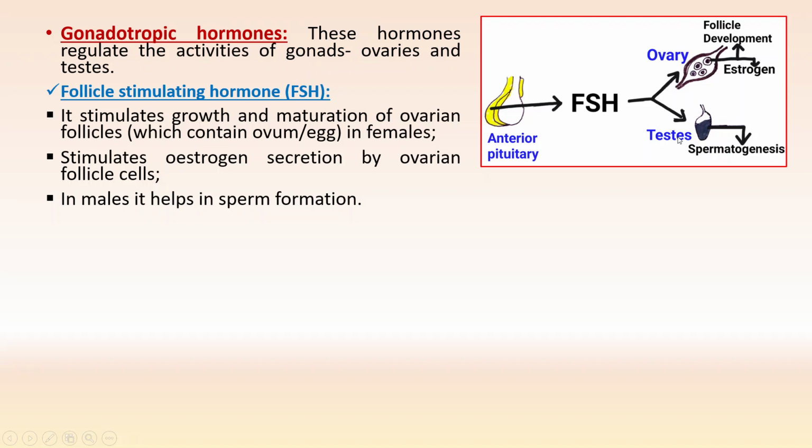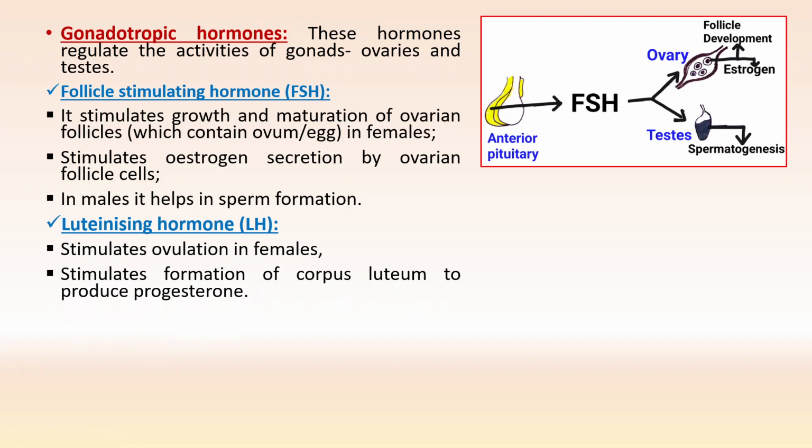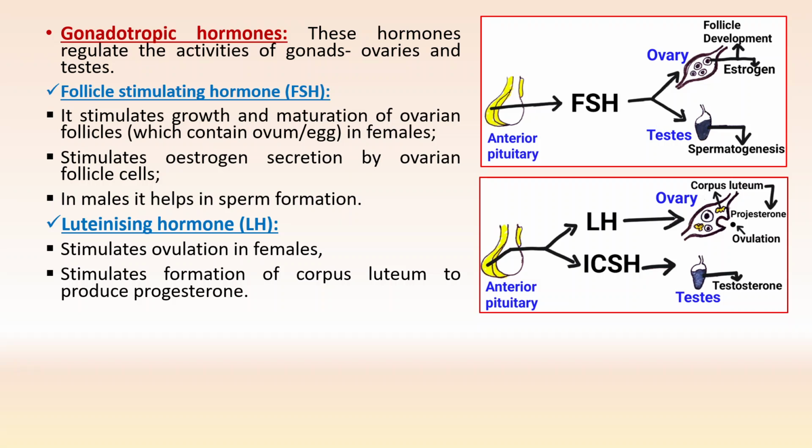The second hormone is luteinizing hormone, which acts on the ovary and causes ovulation. When a mature ovarian follicle or Graafian follicle ruptures and ejects its ovum into the uterine tube, that process is known as ovulation.